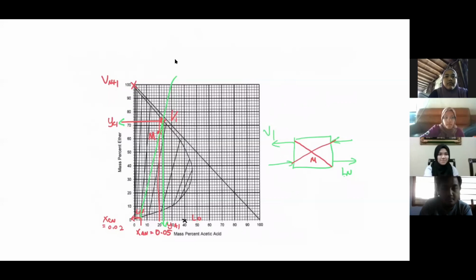Read the overall questions given to you, and then try to solve them using the graph first. If you are not able to solve the problem using the graph, then you use the material balance. This is applicable for liquid extraction only, where you have the alternative to solve the questions using graph or material balance.